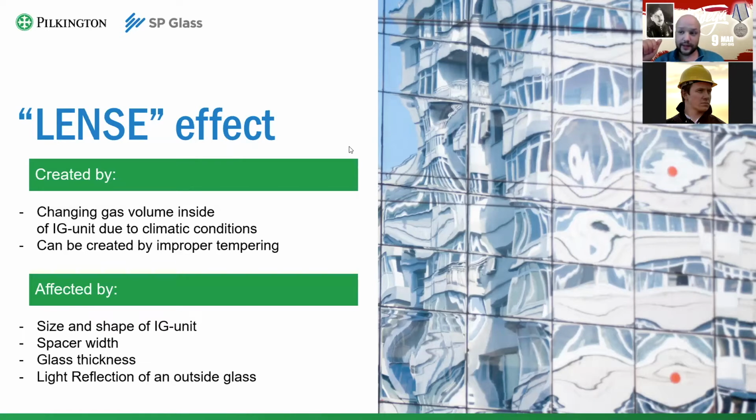So when you are designing an IG unit with a size of, let's say, 2 meters by 4 meters, I would go for a safer option, and 16 millimeters is fine for me. 16, 14, but no less. So it depends. When we talk about IG unit design, I will give you tables with the spacer width of my preference for different climates.